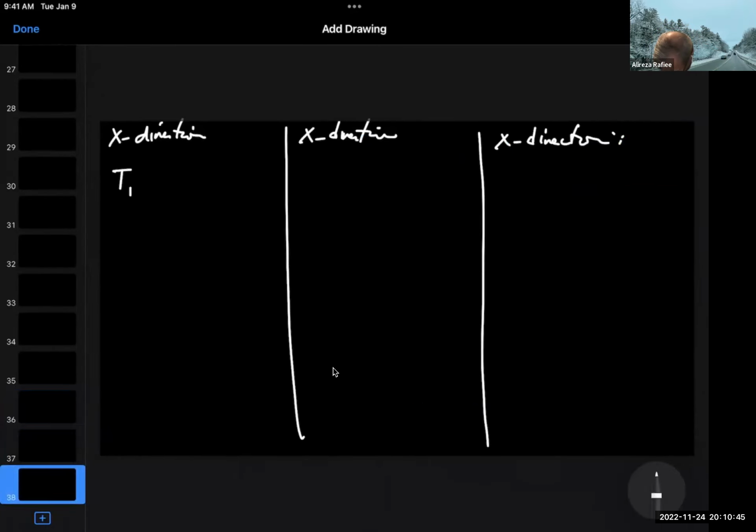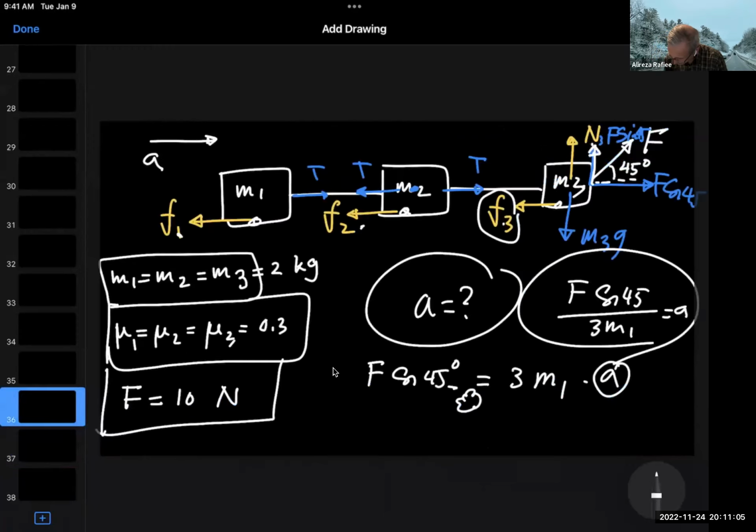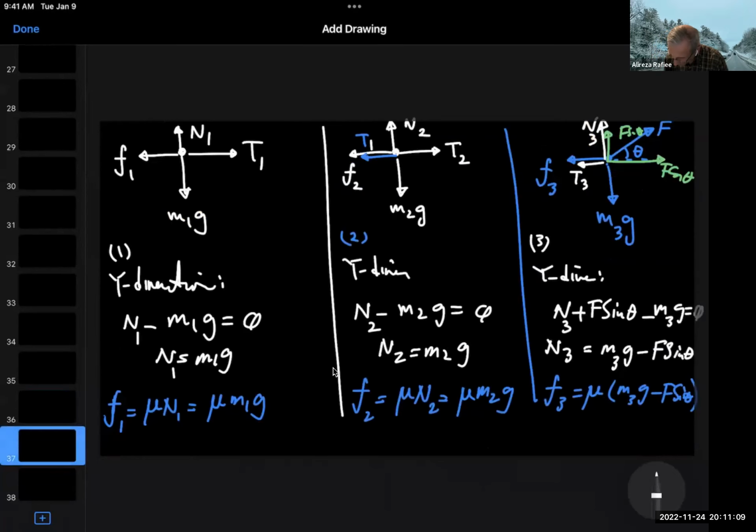Let's just call them T1 for now. So call this one T1, call this one T2. This one would be the same as T1. And then on this one, there's a tension in the rope. I forgot to write it. That's T3, right? Because it's connected to this rope. So there's a T3 here. I give them different names.